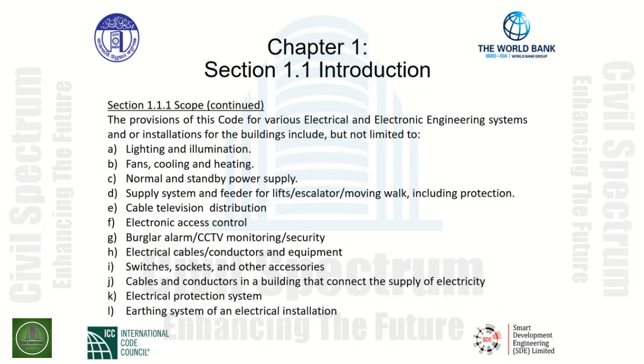Additionally, the provisions of this code for various electrical and electronic engineering systems and/or installations for the buildings include, but are not limited to, the following: lighting and illumination. Lighting and illumination indicated in item A is necessary such that we can function within the building under proper lighting or illumination levels for working, living, eating, cooking, sanitation purposes.